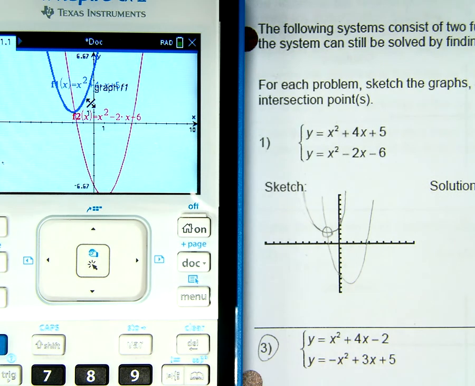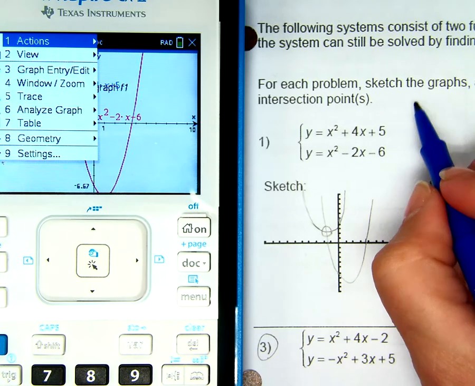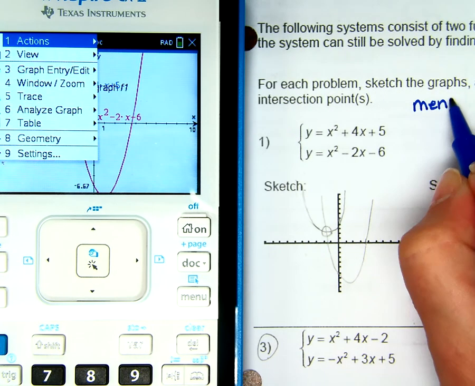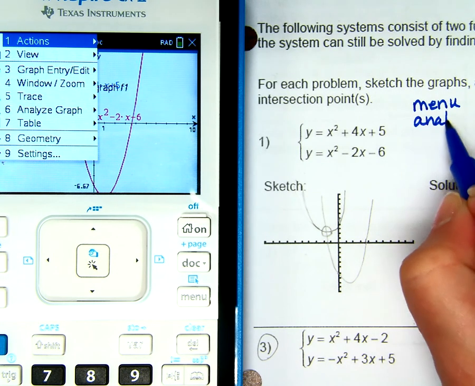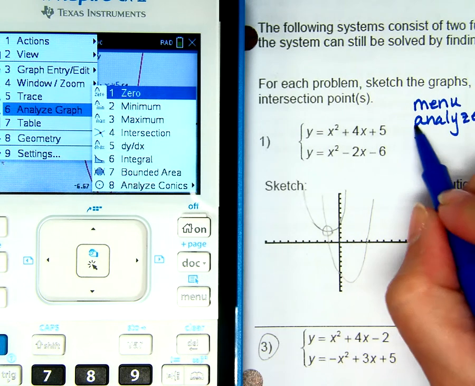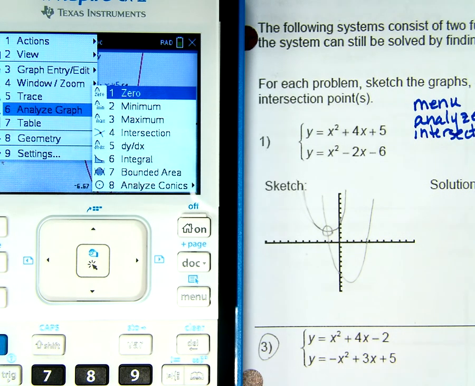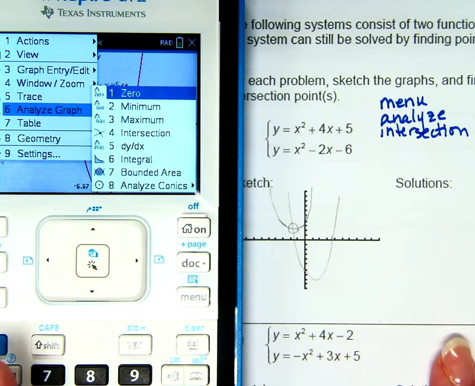How am I going to find that point of intersection? Menu, analyze, and then intersection.